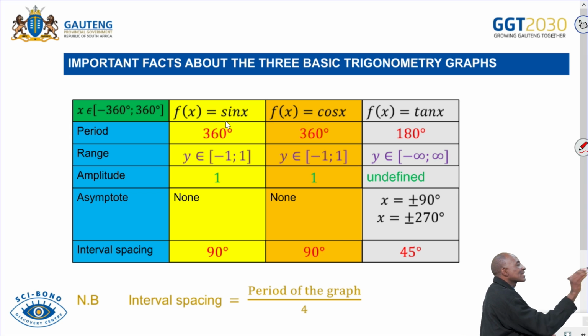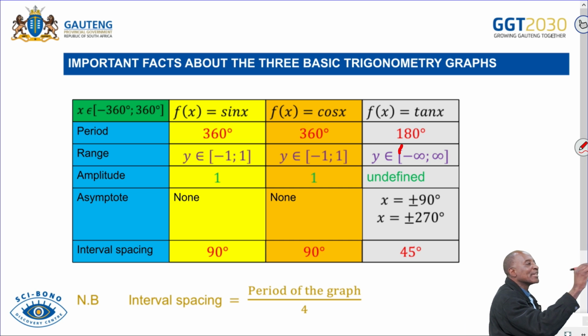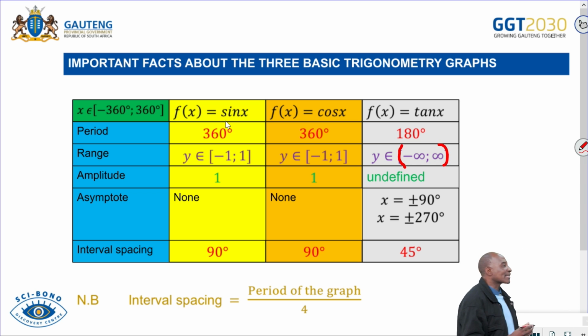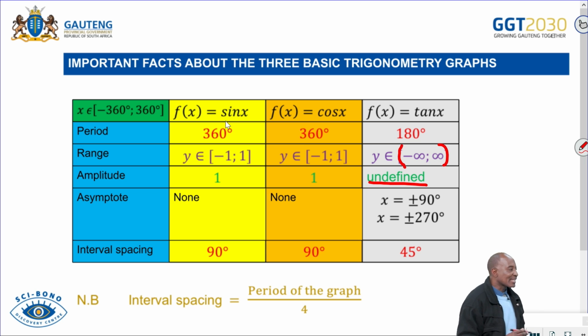Then for the range, for the y is negative 1 to 1, negative 1 to 1, that is both sine x and cos x. Otherwise, with the tangent graph, is negative infinity to infinity. Let's correct that bracket. Then the amplitude is 1 for the sine graph, is also 1 for the cosine graph. Otherwise, is undefined for the tangent graph.